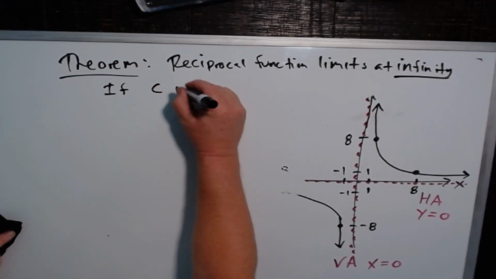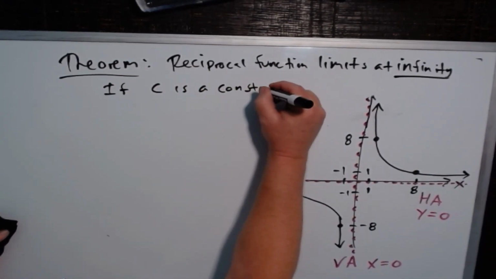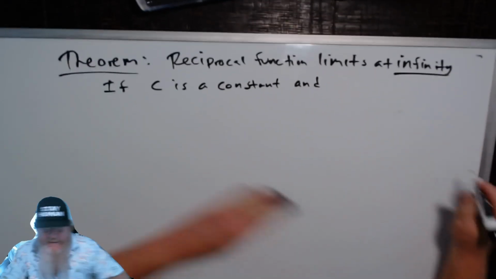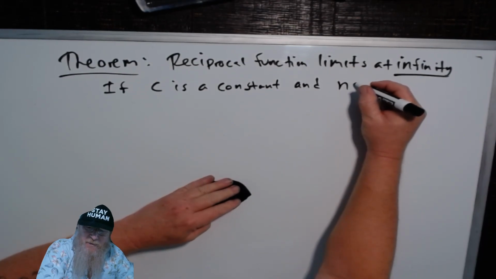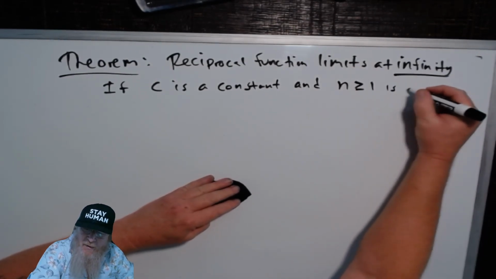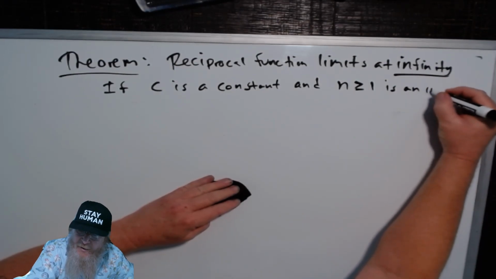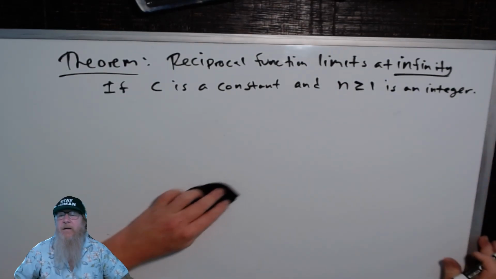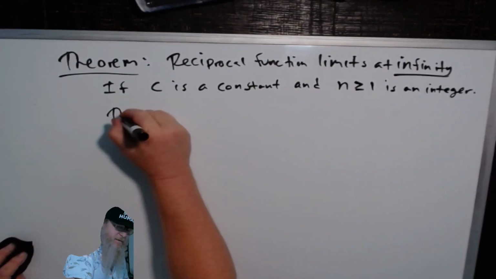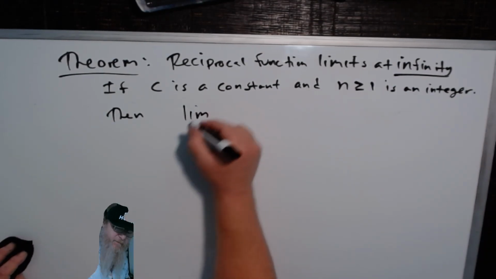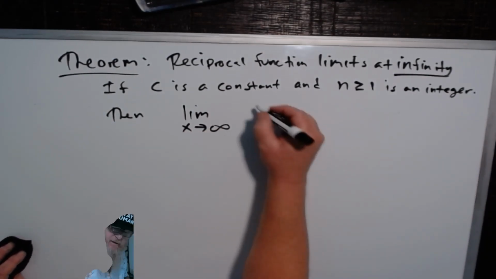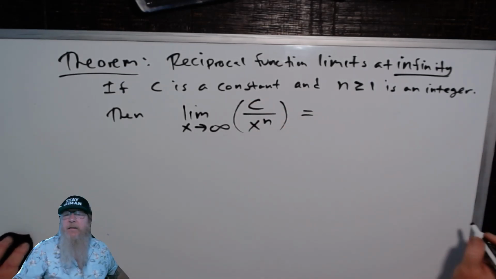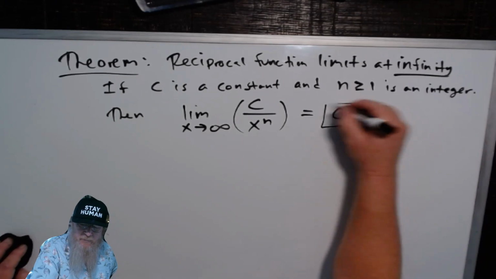So if c is a constant and n greater than or equal to 1 is an integer, then the limit as x goes to infinity of c over x to the n is always equal to 0.